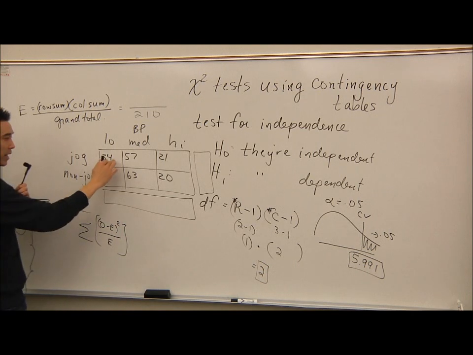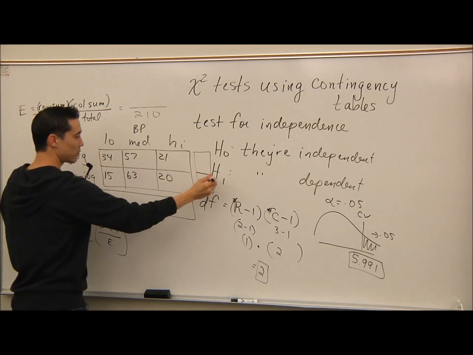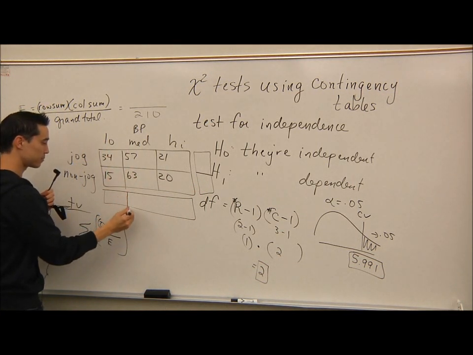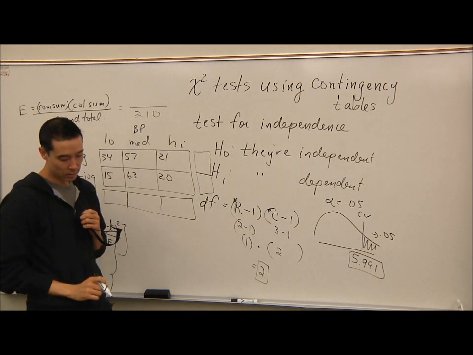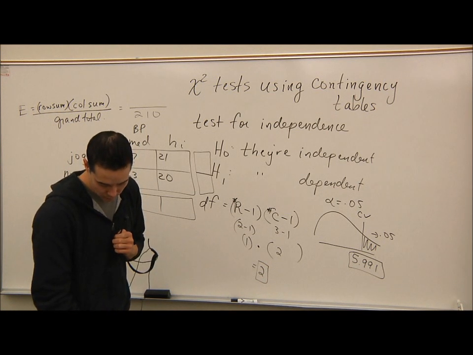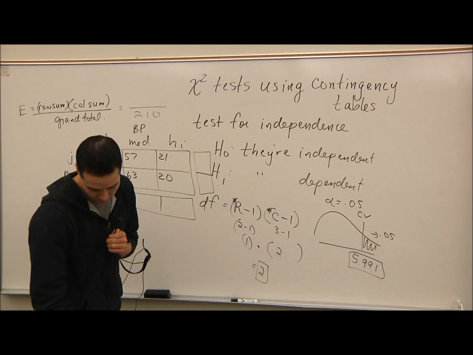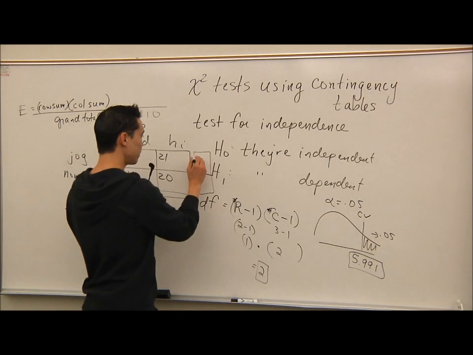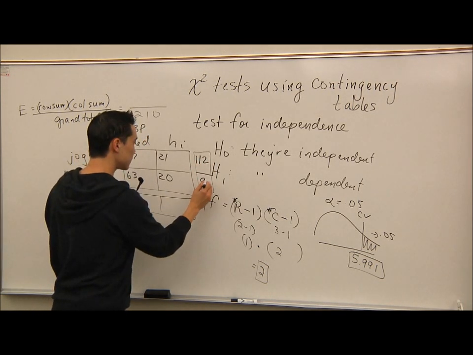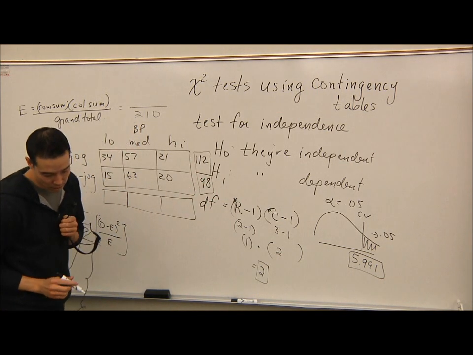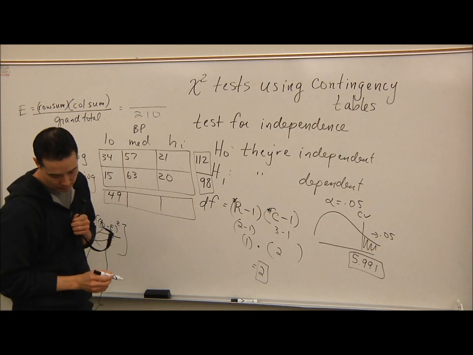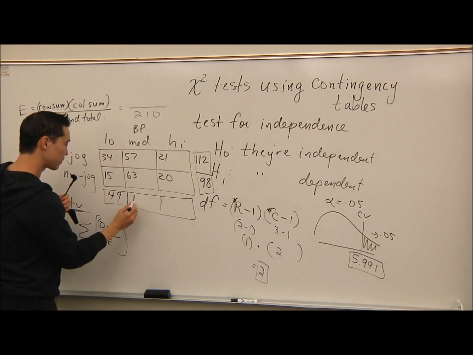Okay, so go ahead and add this row up, get that sum there, add this row up, get that sum there, and add these columns up. Because we're going to need that to figure out these expected values. According to my math, the first row adds up to 112. The second row added up to 98. The first column added up to 49. The second column added up to 120.